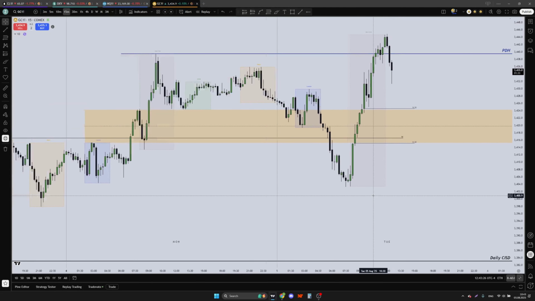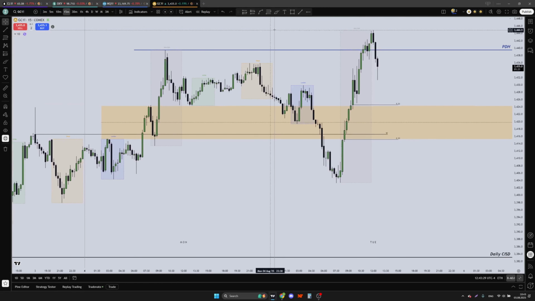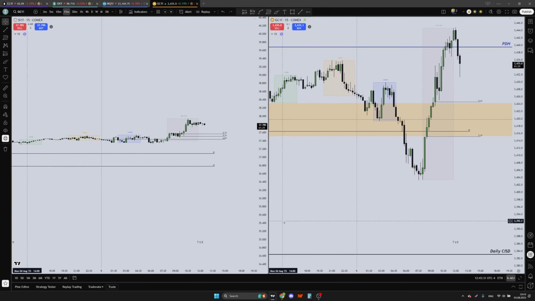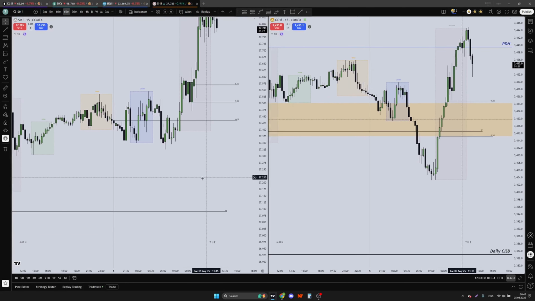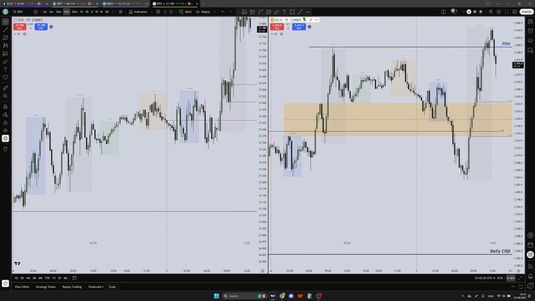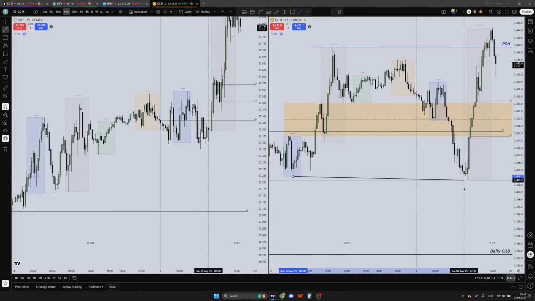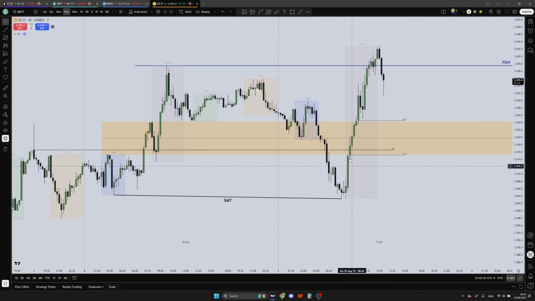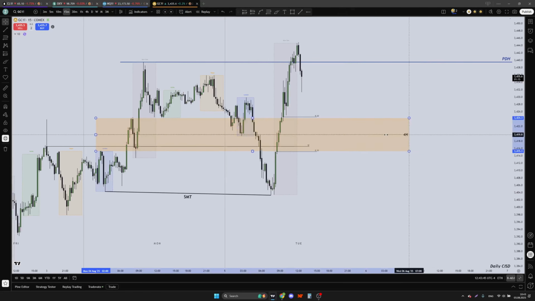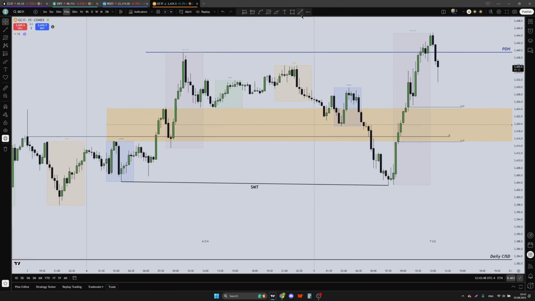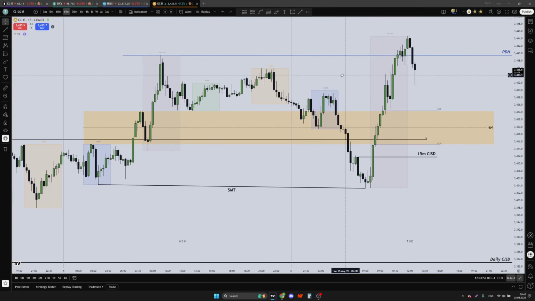Now here we can see that, also for reversal from the key level I would need to have an SMT, and we have it here with the silver. So we have our key level tapped, then we have this 15 minutes change in the state higher.